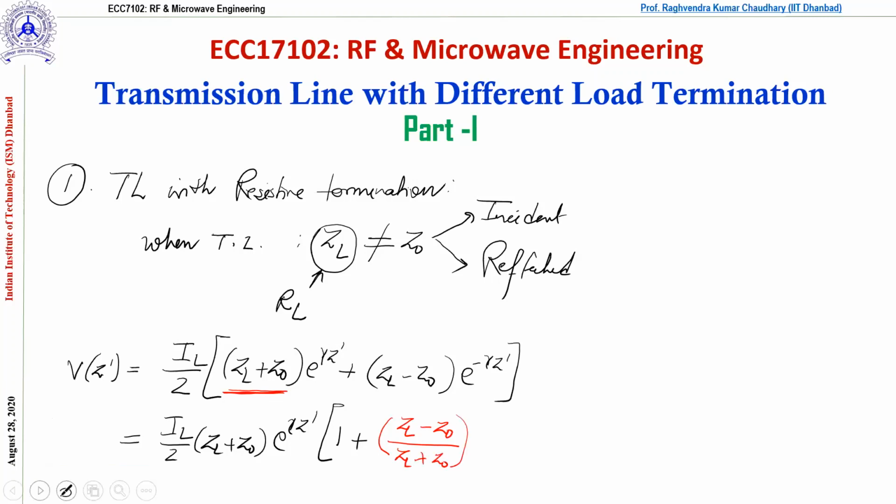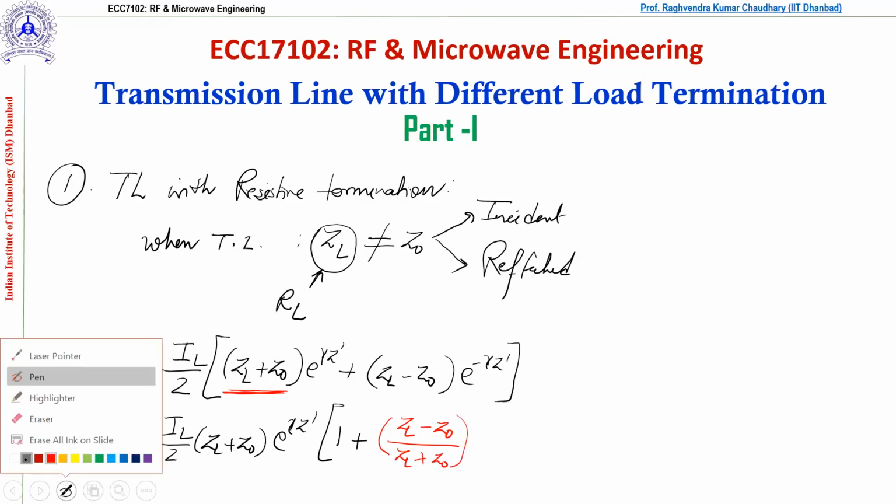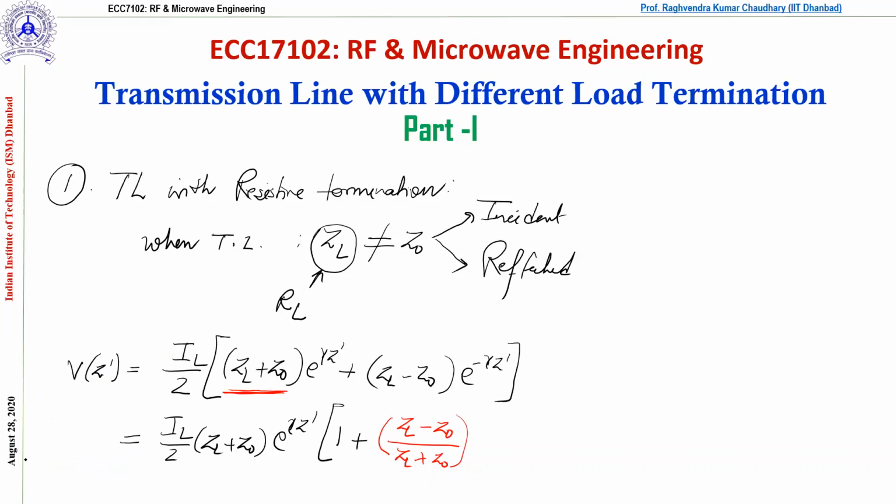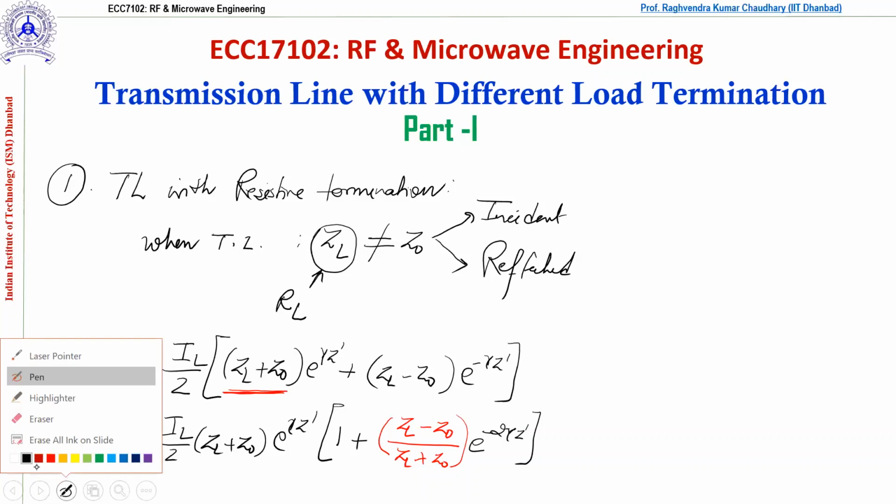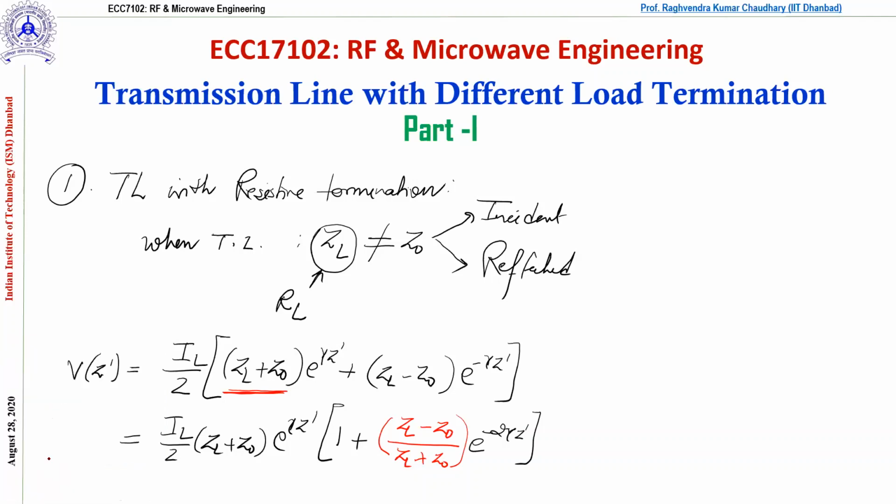This is really a very important term, correct? And we'll try to understand why. Times e to the power minus 2 gamma z'. Fine. Now what is this actually? This (ZL minus Z naught) over (ZL plus Z naught), correct? This is actually your reflection coefficient, voltage reflection coefficient.